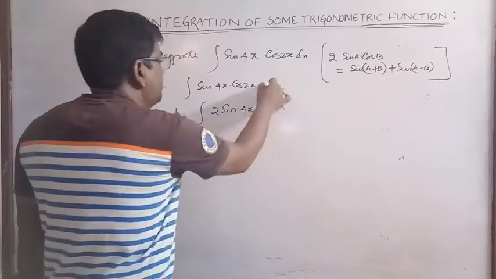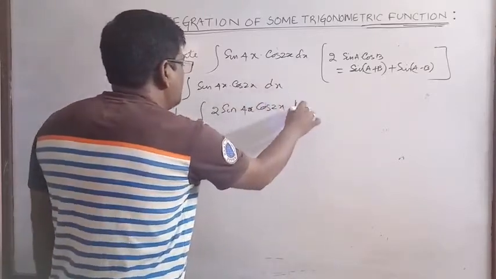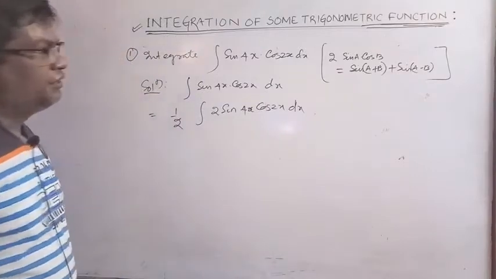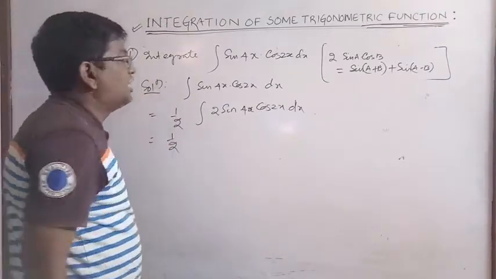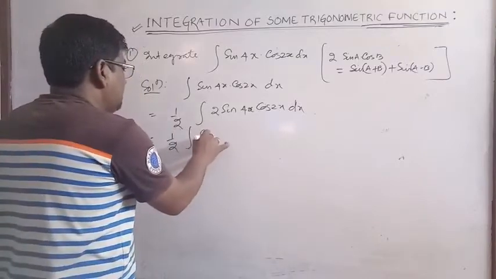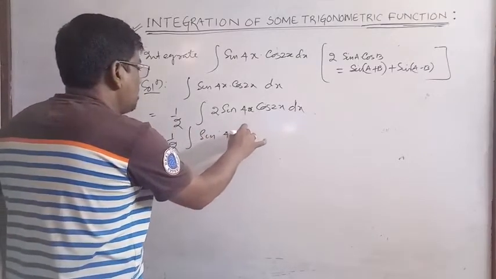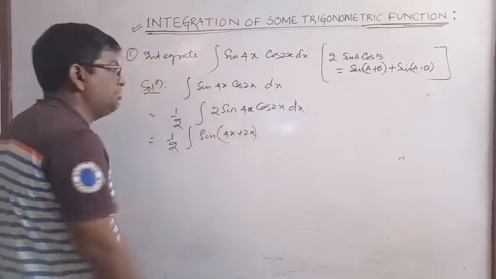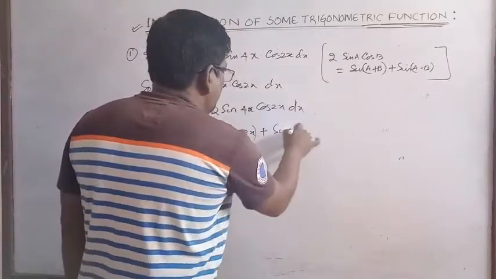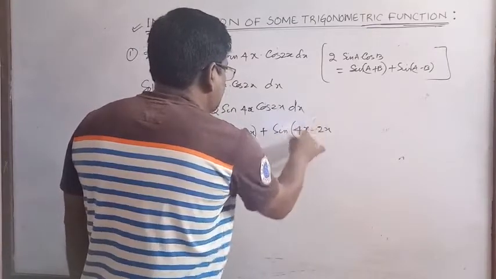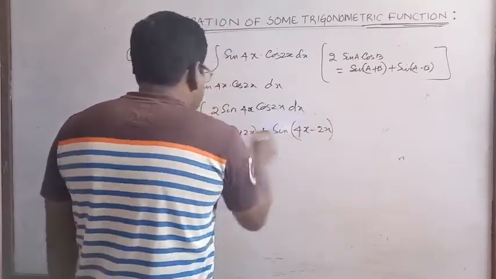Applying 2 sin A cos B, sin(A+B) means sin(4x+2x), plus sin(A-B), sin(4x-2x), whole into dx.